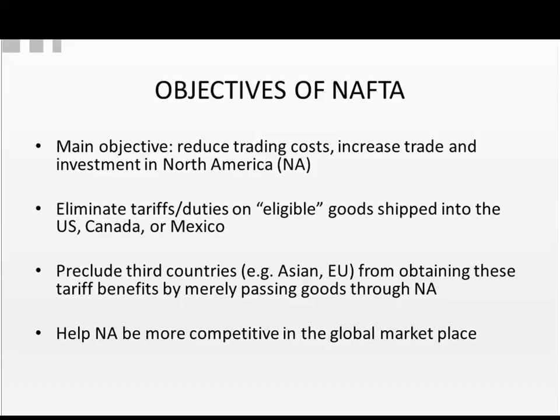And NAFTA was intended at that time not only to help Mexico, Canada, and the U.S. in particular, but also to help North America maintain its competitive position in relation to what was happening in Europe. The European Union, also an extremely large and powerful regional trade bloc, came into existence at the same time in the early 90s.